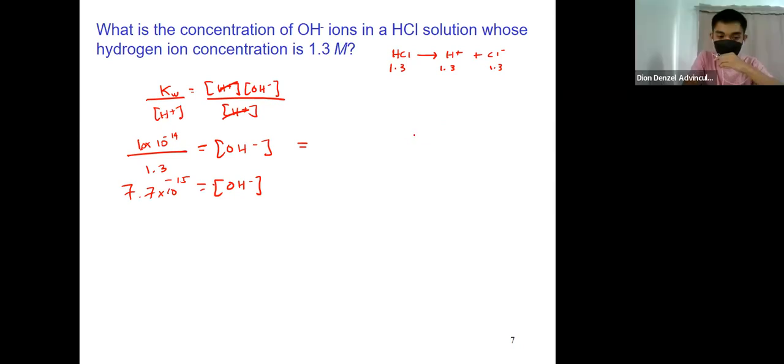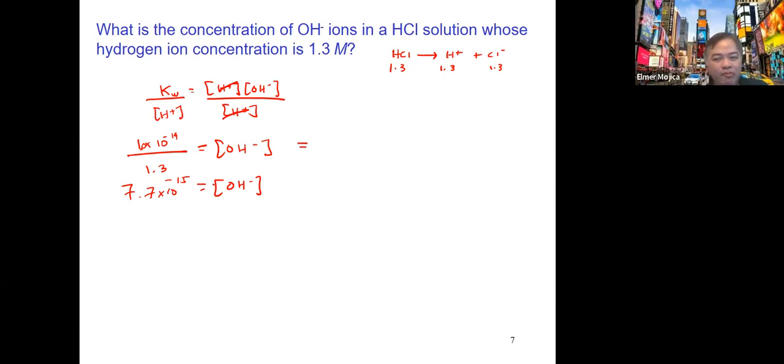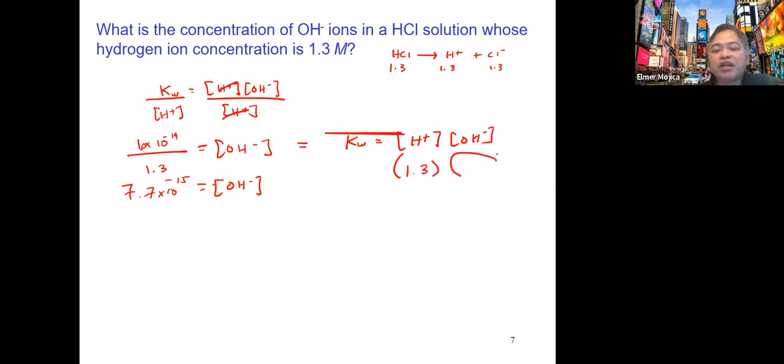Ang relationship kasi Kw, H plus, OH minus. So, kung meron ka na dito 1.3, ano yun nandito? At meron kang value na 10 to the negative 14.